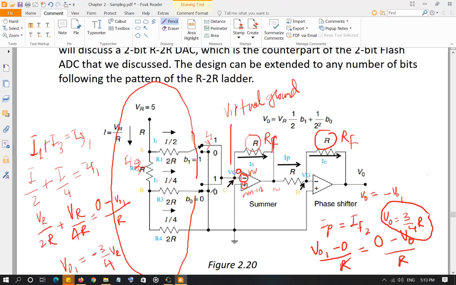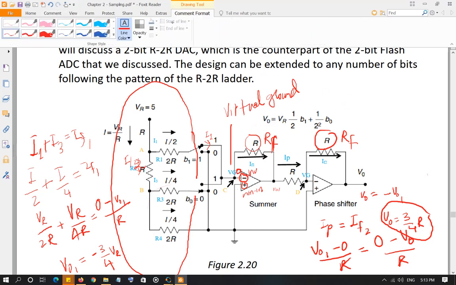Okay, so now if your B naught is 0, of course, your current is not going towards node C, right? It is just going to the ground. So the only current that will be going towards node C is going to be I1. In that case, your I1 is going to be IF1. So B1, B naught is 1, 0.